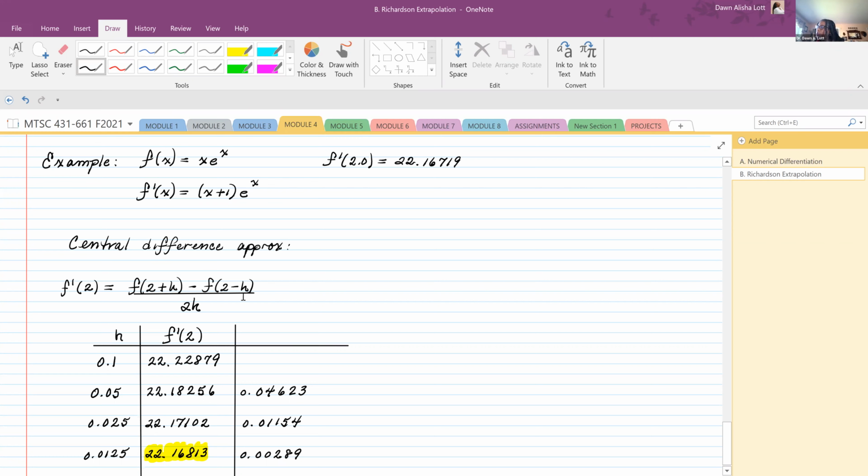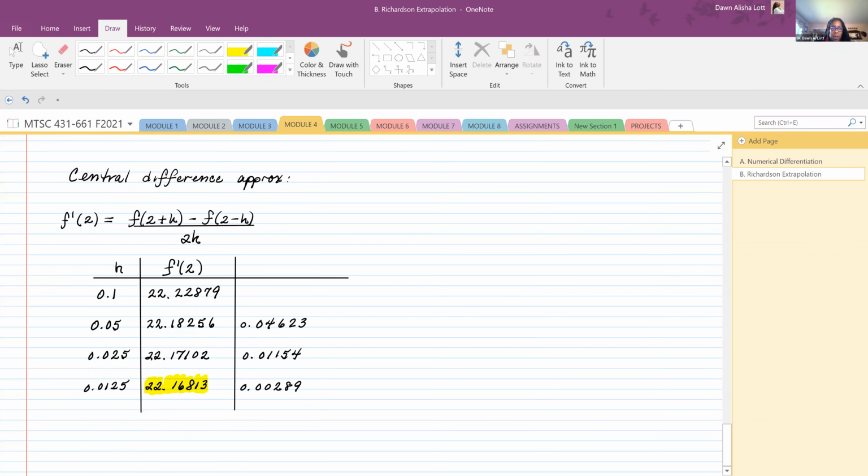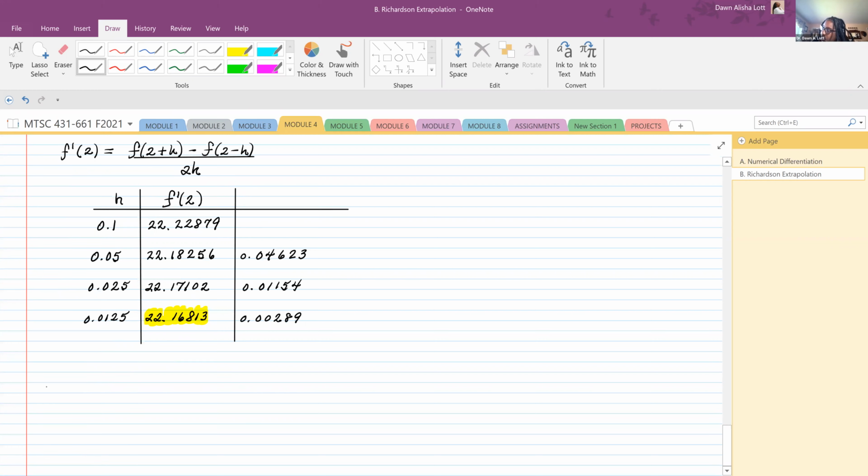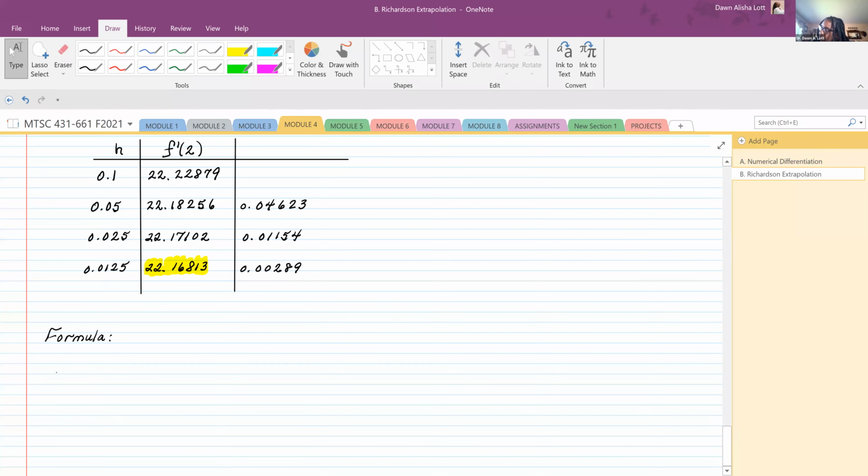And for our central difference approximation, we use that. And if you remember, our formula is that f prime of x is f at x plus h minus f at x minus h all over 2h.